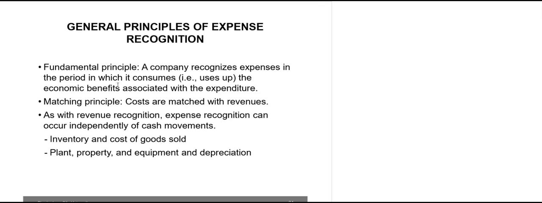Under US GAAP, however, expenses do not include losses. Losses are defined under US GAAP as decreases in equity or net assets from peripheral or incidental transactions of an entity and from all other transactions and other events and circumstances affecting the entity except those that result from expenses or distributions to owners.